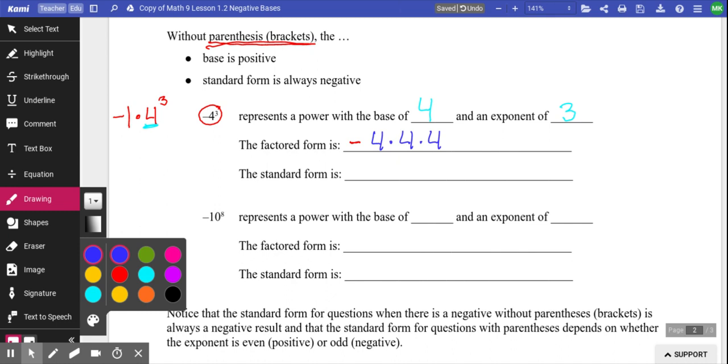This means that the exponent wouldn't affect whether the entire thing was positive or negative, because the negative symbol was by itself. My standard form for this would be negative, and then 4 times 4 times 4 is 64, I believe. So your standard form is -64.